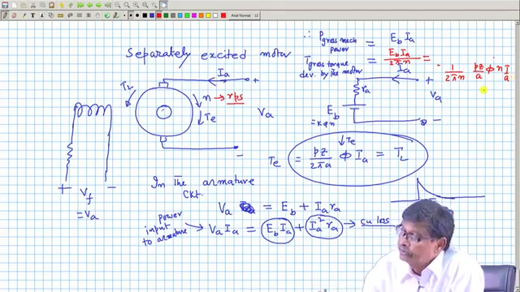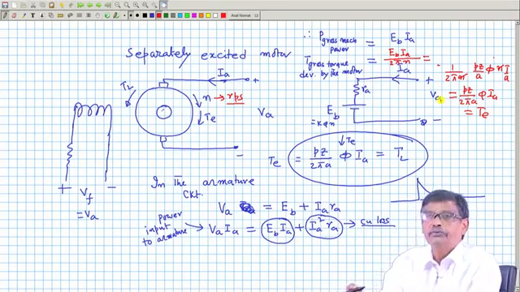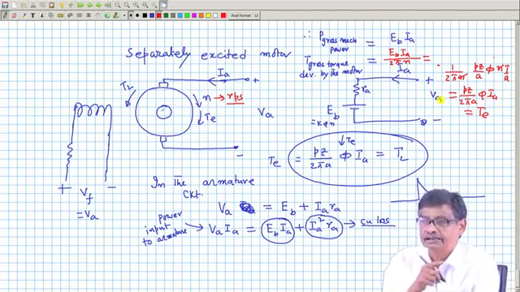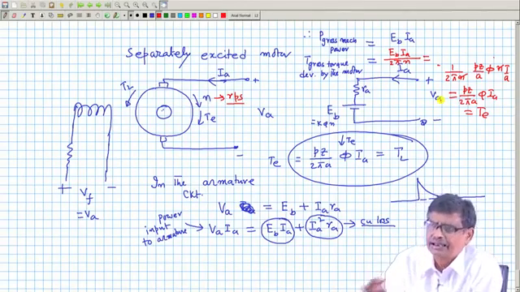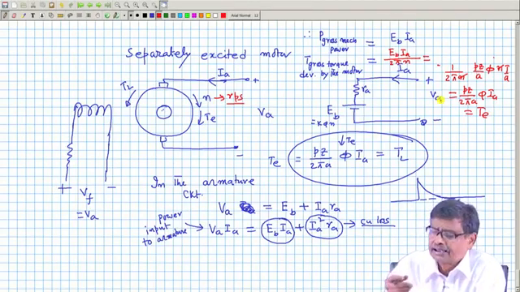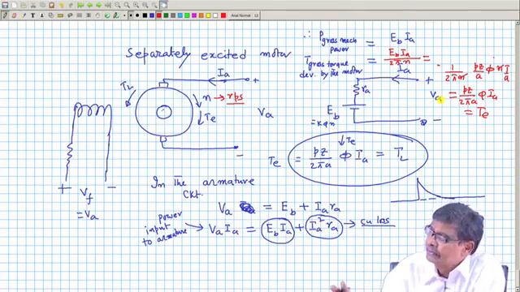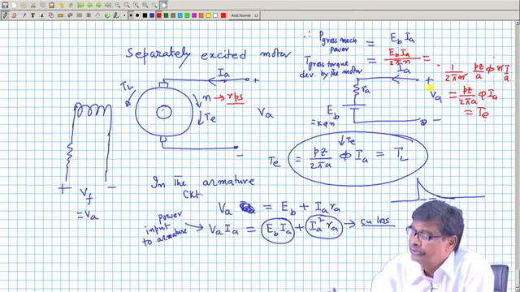So, you see, n cancels, and this becomes P z by 2 pi a phi into Ia. This is the electromagnetic torque developed by the machine, which I got earlier by directly calculating the torque, considering each conductor carrying current Ia by A, BIL, all summed or integrated.